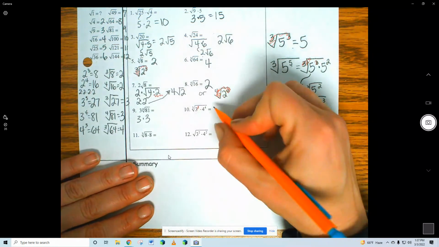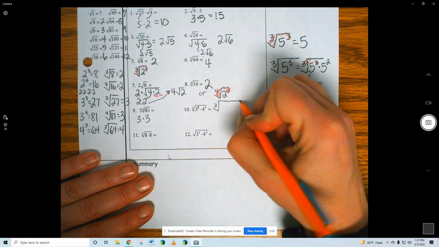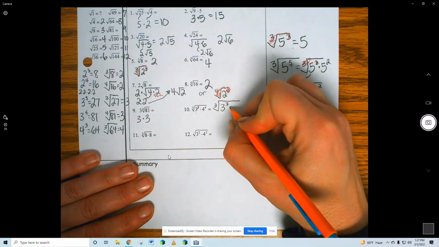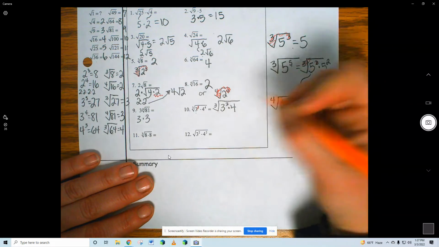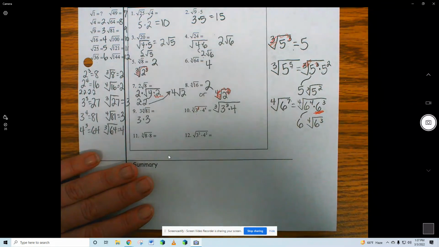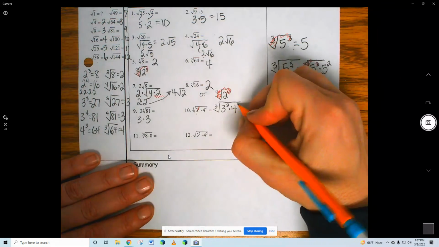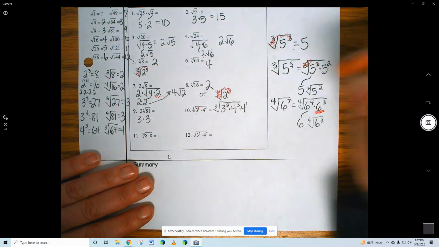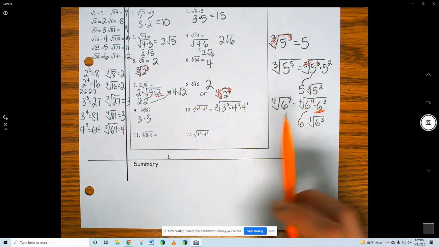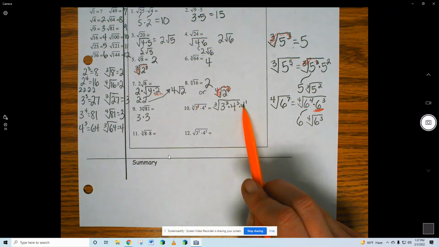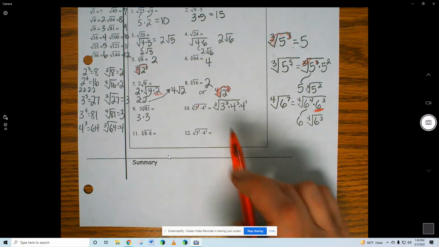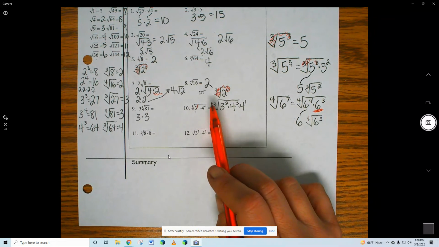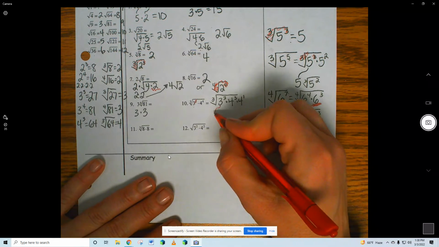Okay. The 3rd root of 3 cubed, that will eventually come out. And then I'm going to break up the 4. Instead of 4 to the 4th, it's going to be 4 to the 3rd times 4 to the 1st. Because that makes 4, 3 and 1. I'm trying to match my root. If I match my root, I'll get to take it out. This 3 comes out.